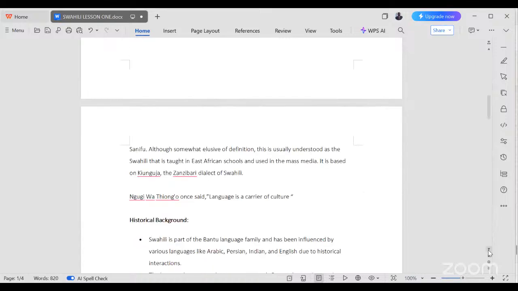Now, just to give another historical background, of course, to put the context of our learning of this language into play: Ngugi wa Thiong'o once said, language is a carrier of culture, in his book called Decolonizing the Mind.